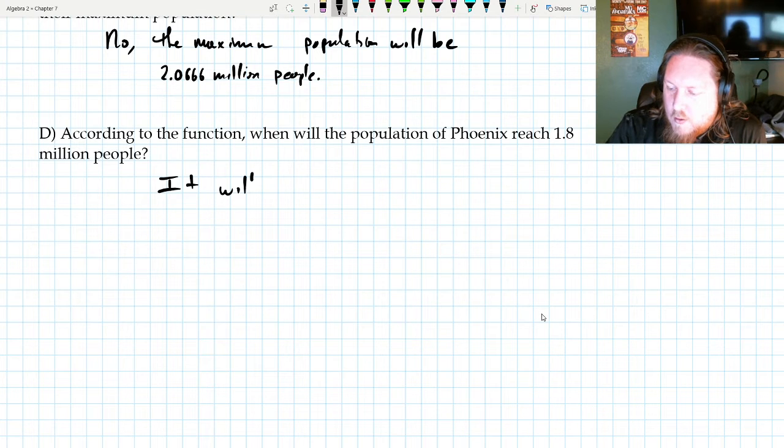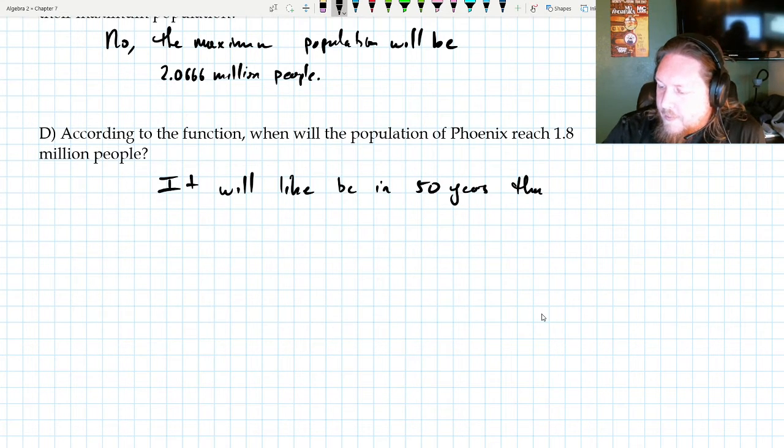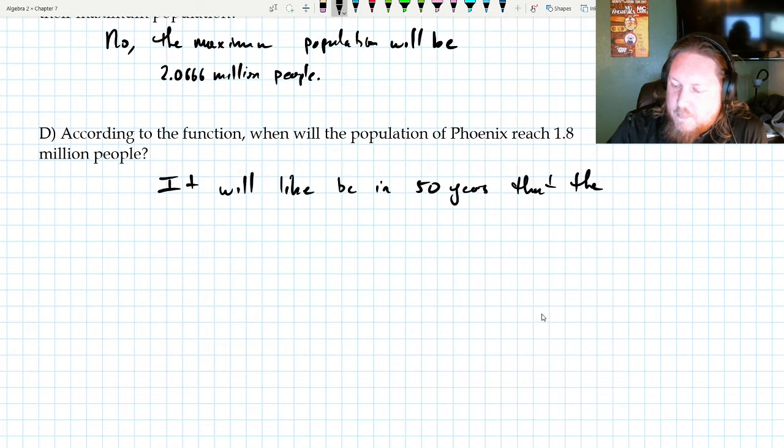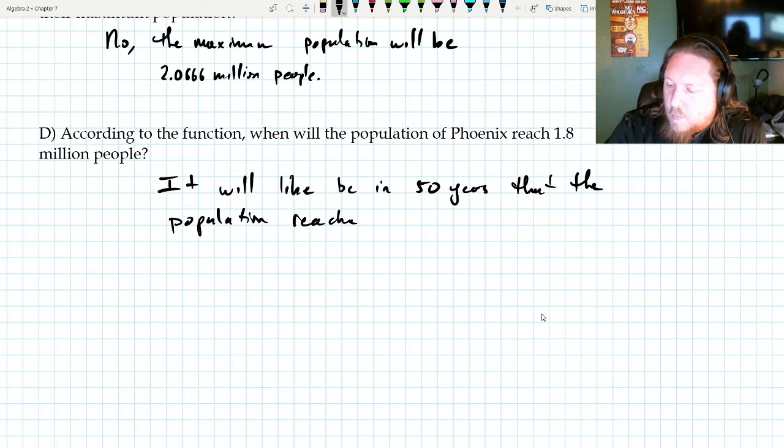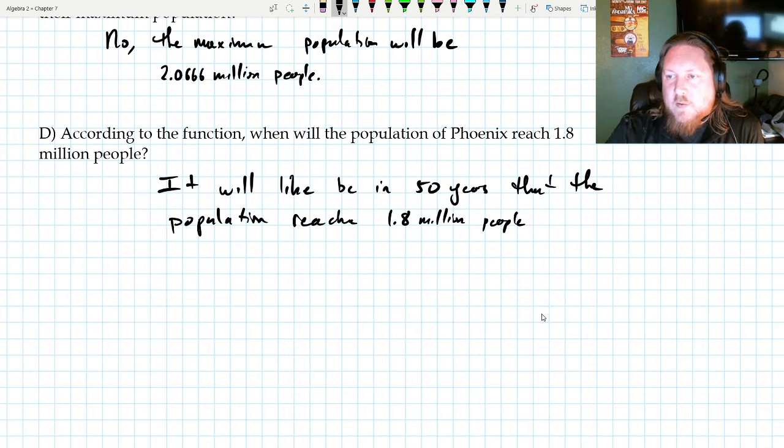It will likely be in 50 years that the population reaches 1.8 million people.